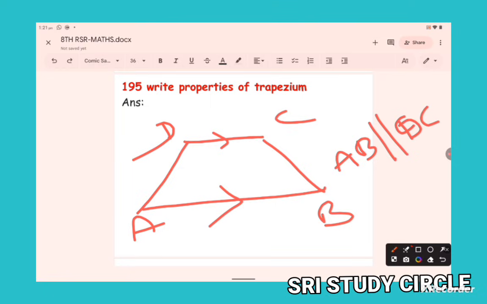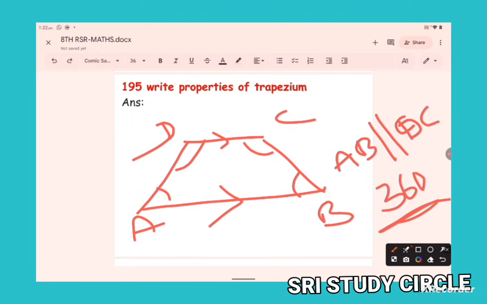The sum of all four interior angles of a trapezium is equal to 360 degrees.